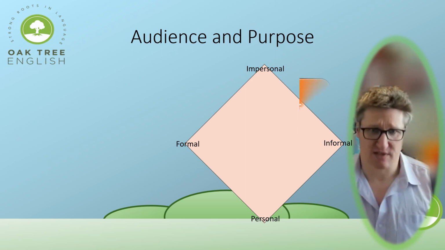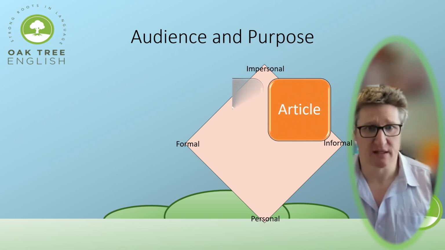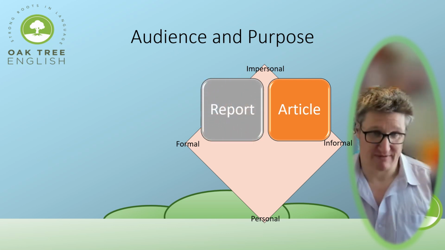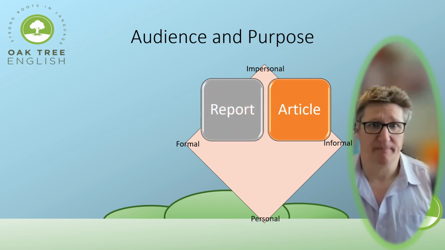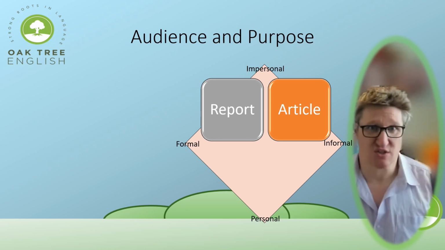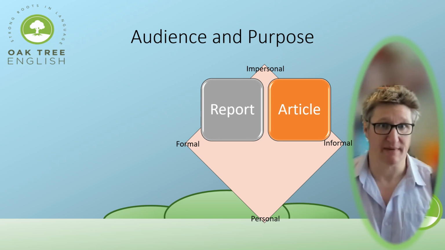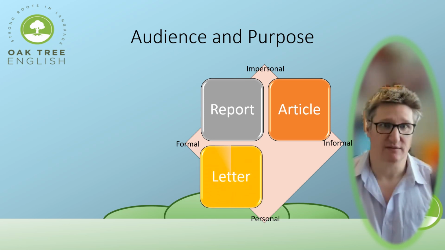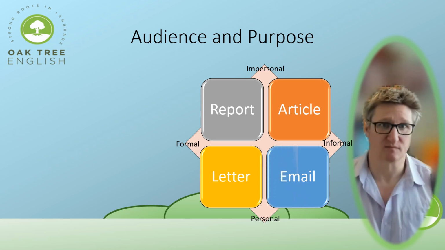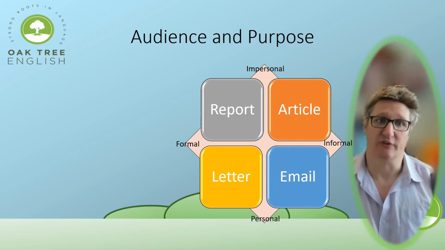If it's such as an article, or as I previously said, a report. If it's written to one individual recipient, such as a letter or an email, then it's personal. There's a letter, there's the email. The report falls into impersonal and formal.